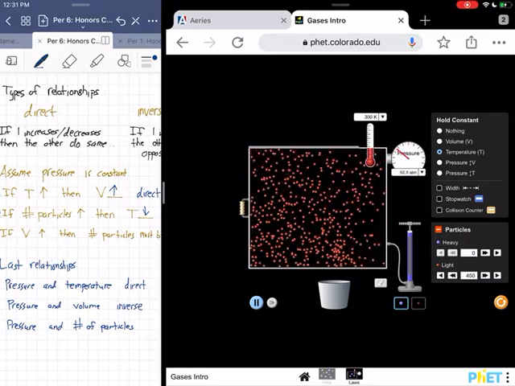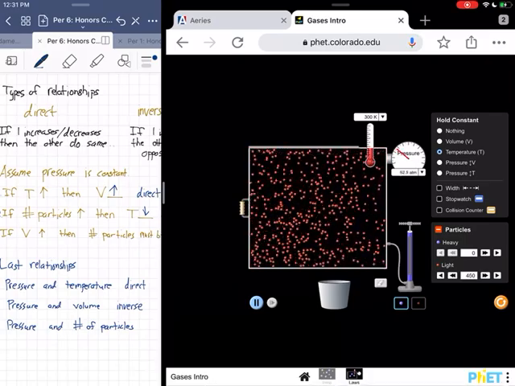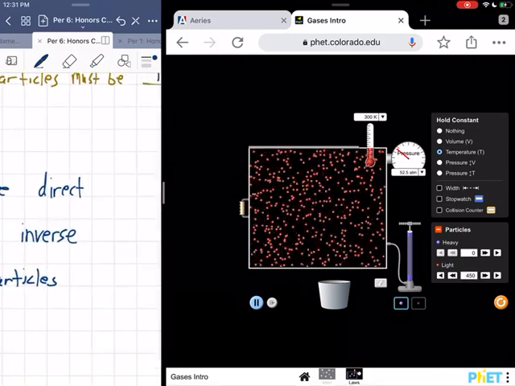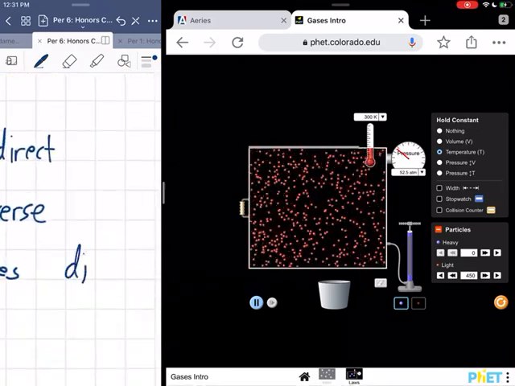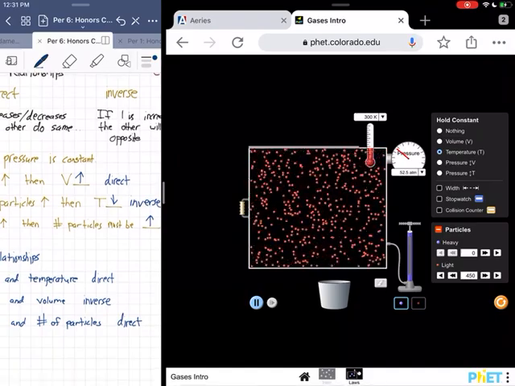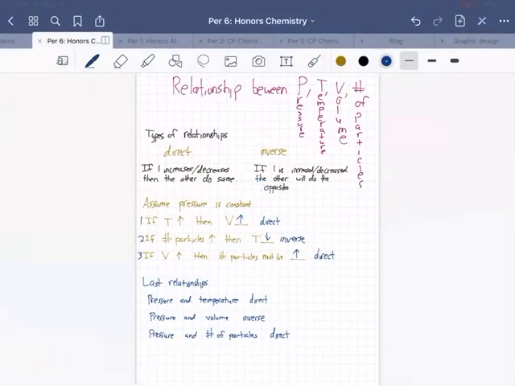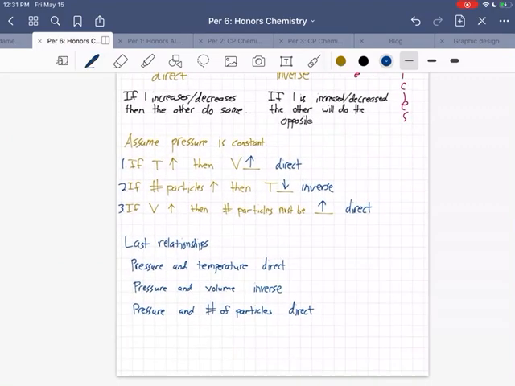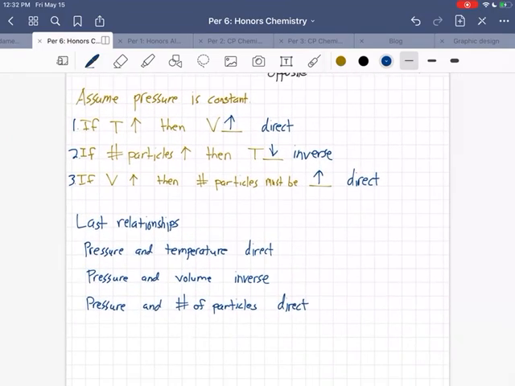We're focusing on the relationship between pressure and number of particles here. So these have a direct relationship. If I add more particles, there are going to be more things hitting the sides of the system, therefore the pressure will increase.